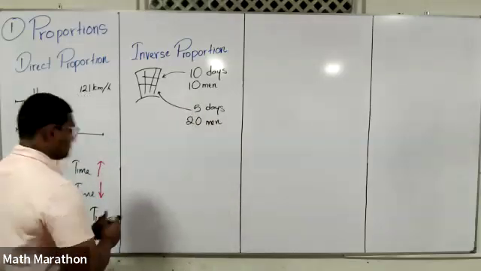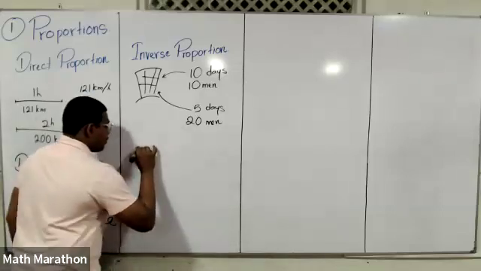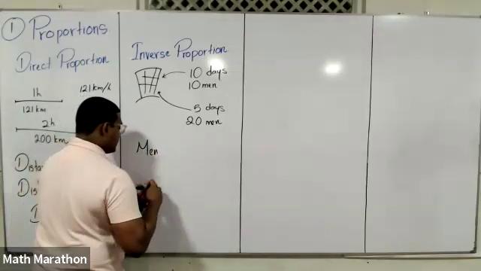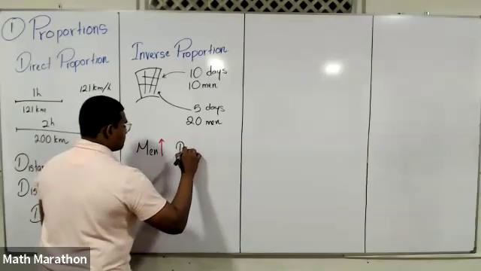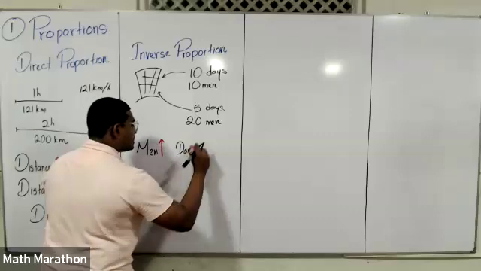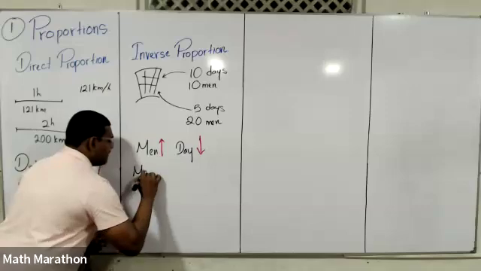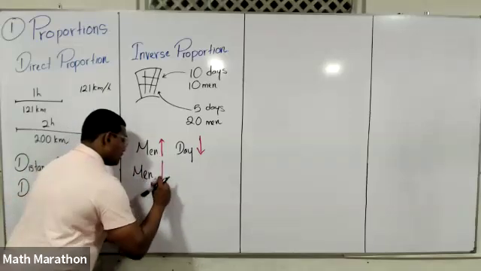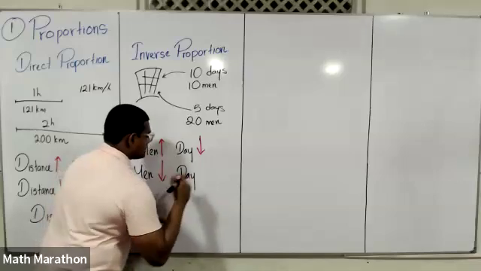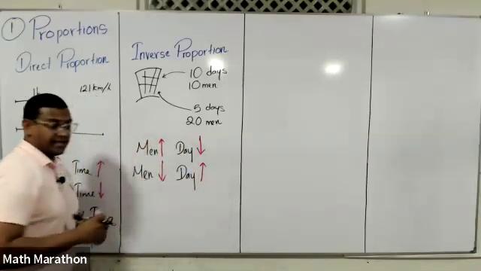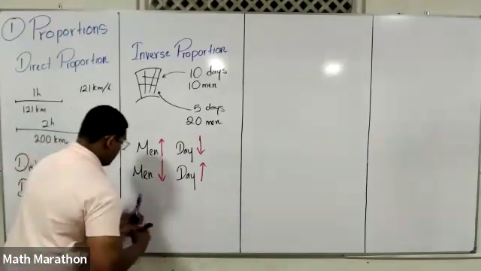So here, when the number of men increases, the construction time or the days spent reduces. When the number of men reduces, the number of days or the construction time increases. This is called inversely proportional.